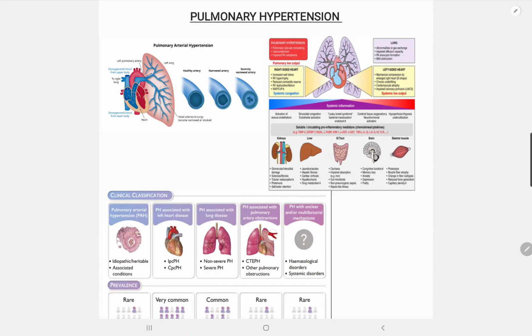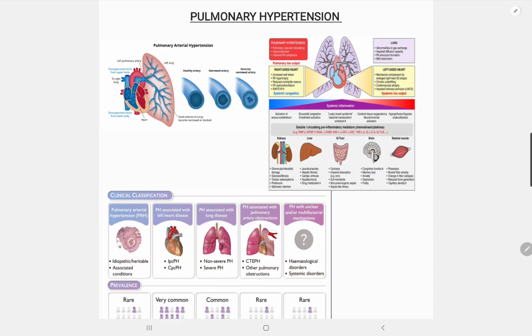Now, if we talk about group 1, which is pulmonary arterial hypertension, it could be caused by many underlying causes. One of those is autoimmune diseases. The second is congenital heart disease. The third is blood clots in the lungs.